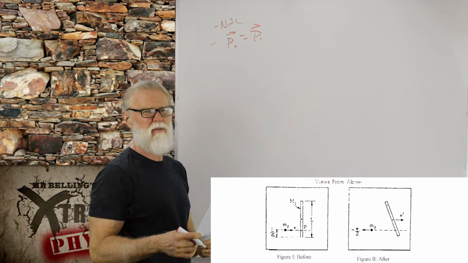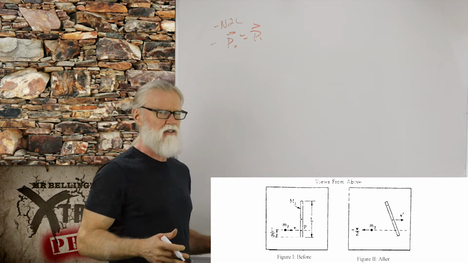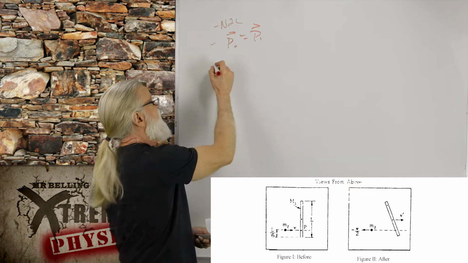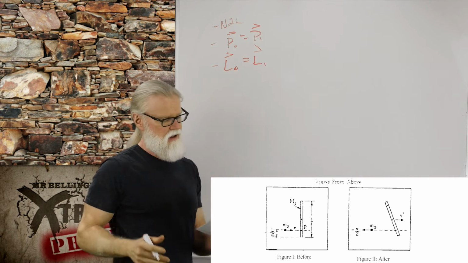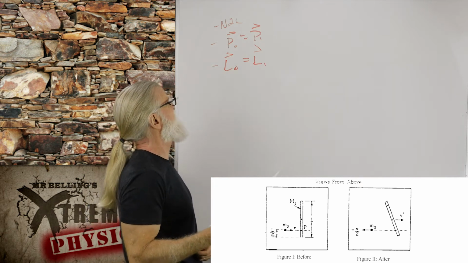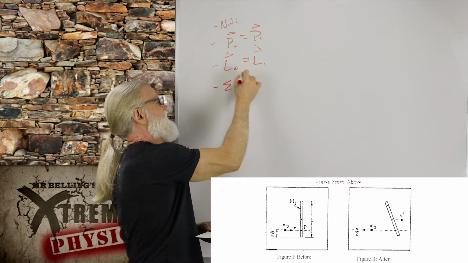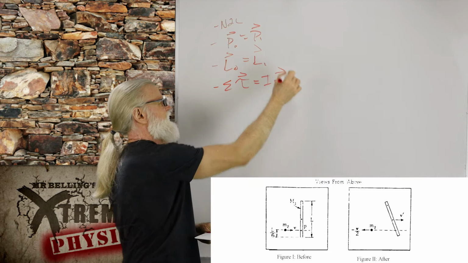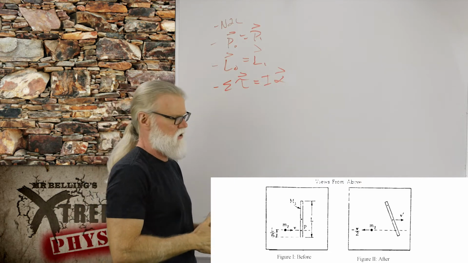Is angular momentum conserved? Is there a net torque on the system? Well, there are no net forces, so there can't be a net torque. So angular momentum is conserved. And we also could use Newton's second law for rotation. I'm sure that's valid too.